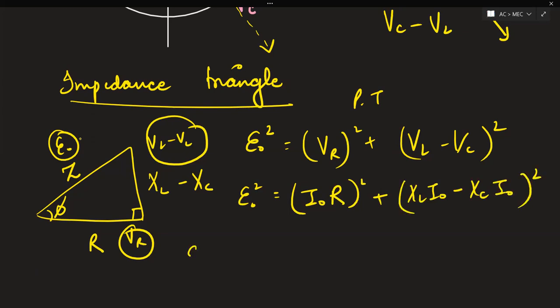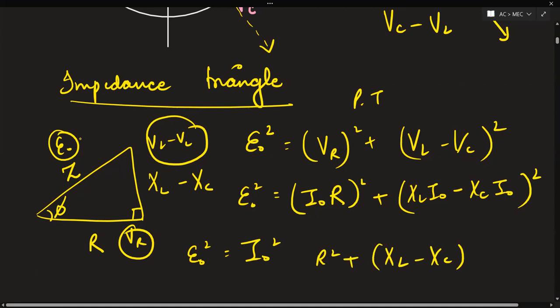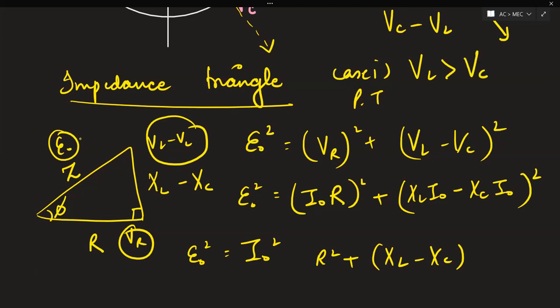From here, in E naught square we can take I naught square common. If I naught square comes out common, what is left? R square plus XL minus XC whole square is left. This is case 1, when your VL is greater than VC. That's why we are considering this. Fine.